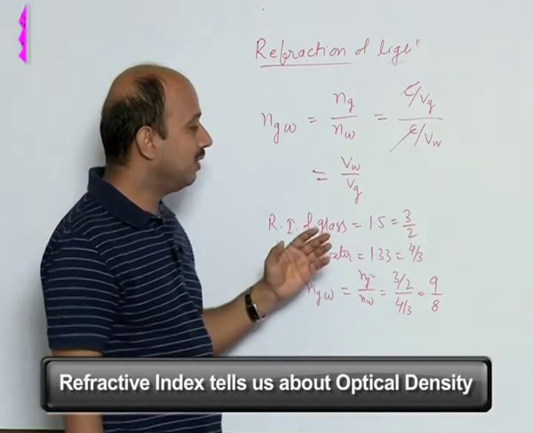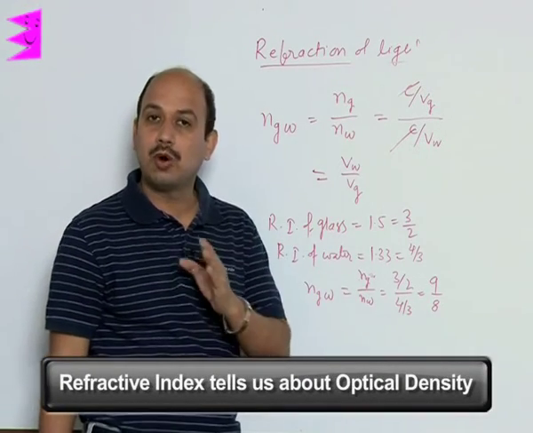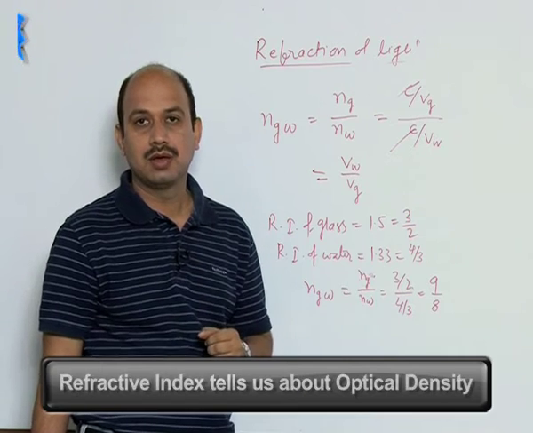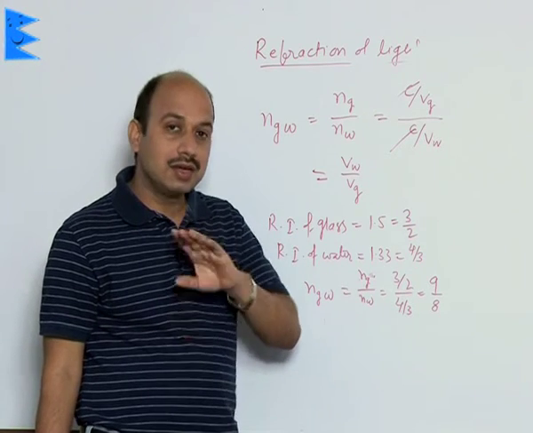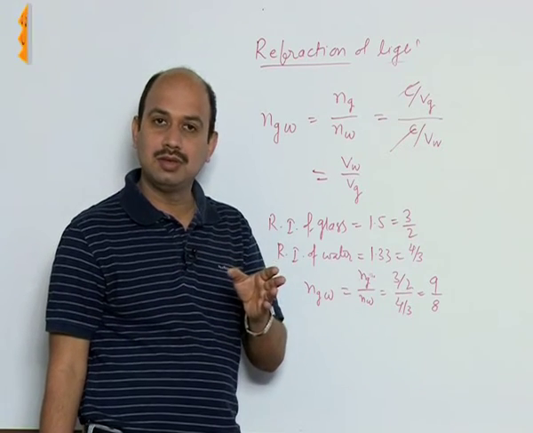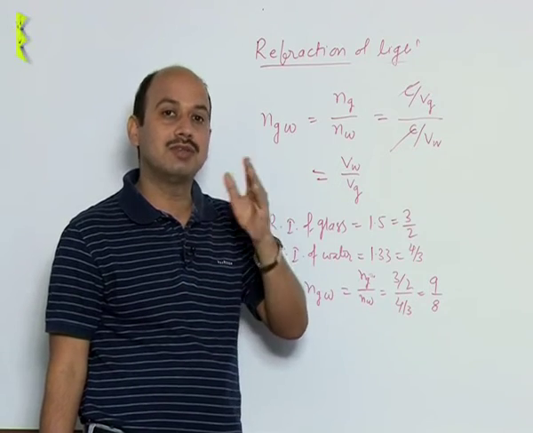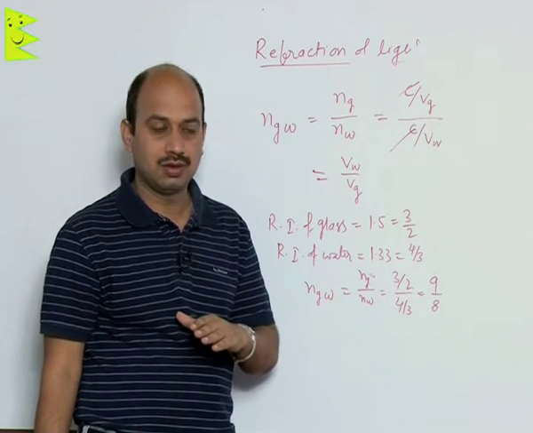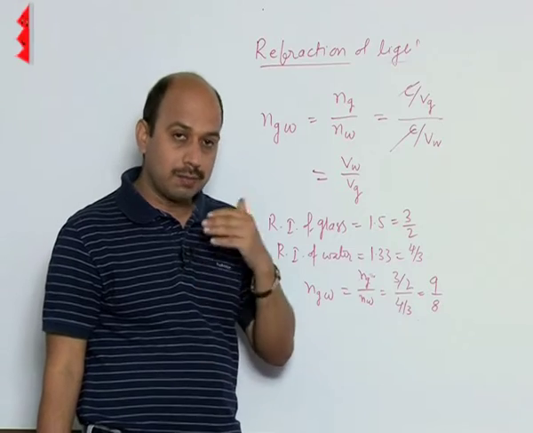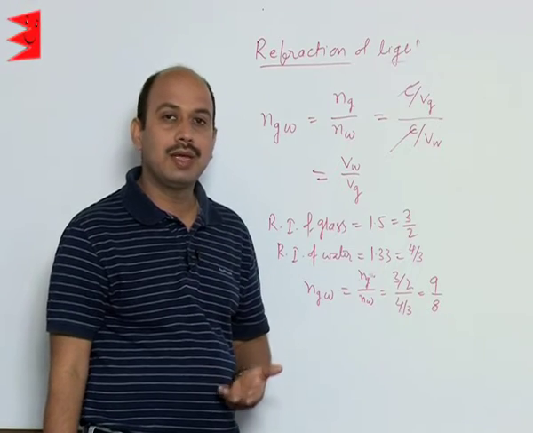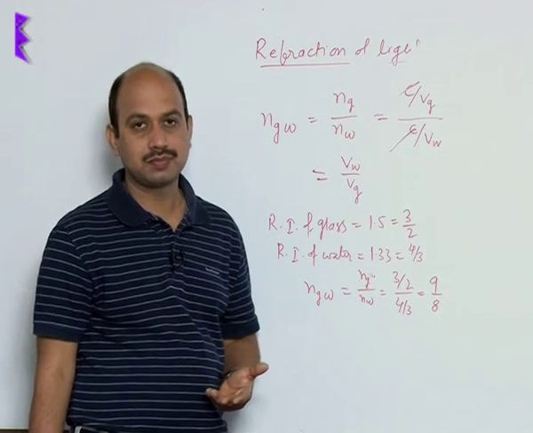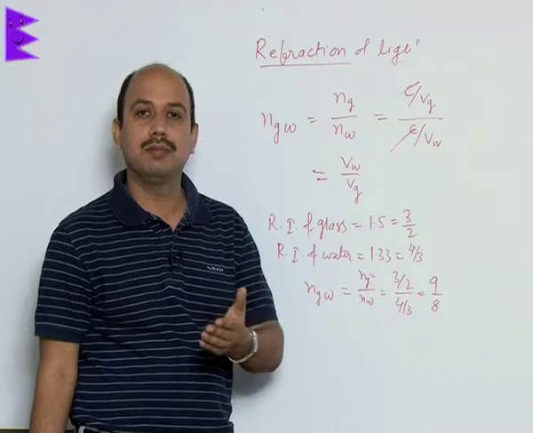So, refractive index also tells us about optical density. Optical density is entirely different from the mass density. So, you cannot say if optical density is higher, it means mass density is also higher. So, by knowing optical density, we can easily find the speed of light in the given media.